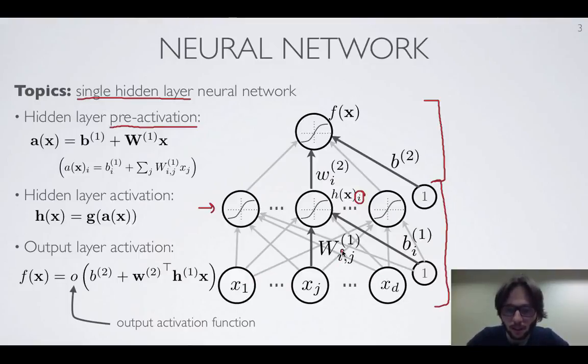And so the connection between the ith hidden neuron and the jth input will be contained in some matrix, which we will call W with an exponent in parentheses 1. So this is to refer to the case where we have just a single hidden layer. So W1 is the weight matrix for the first hidden layer.